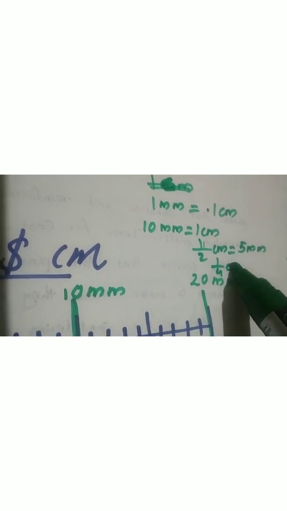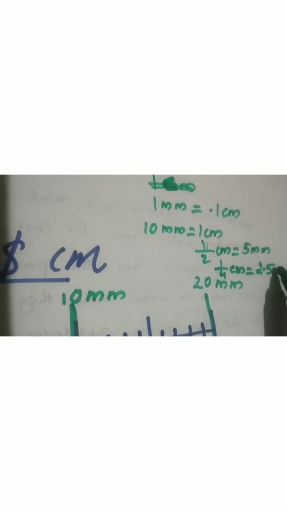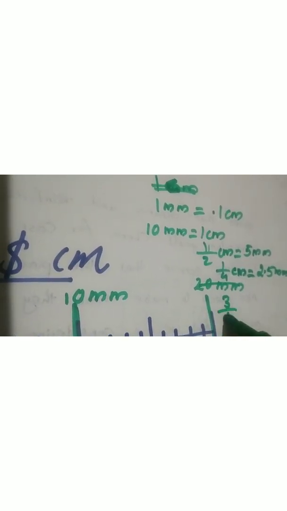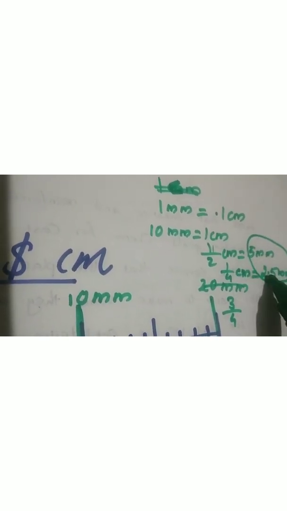Then quarter centimeter will be 2.5 millimeter. Then 3/4 will be the sum of these two. That is, if it is 1, here will be half, here will be quarter, this will be 3/4.